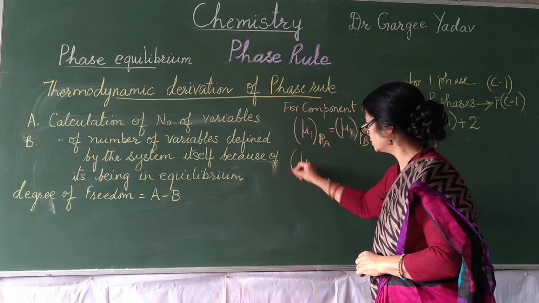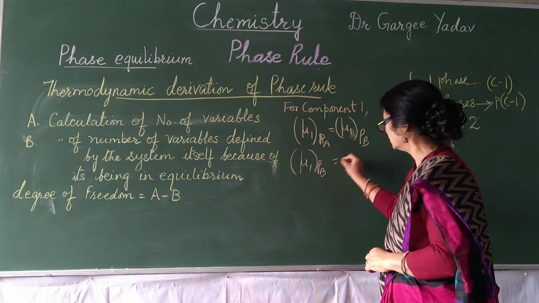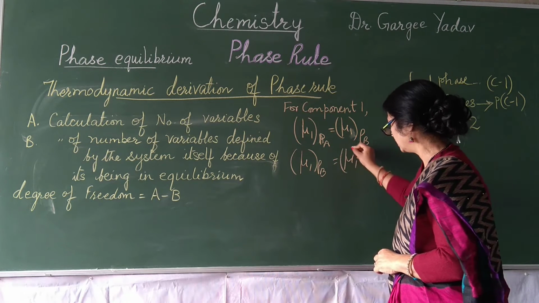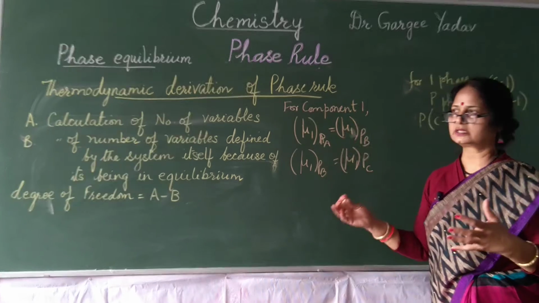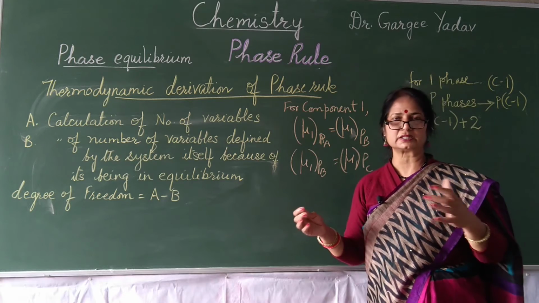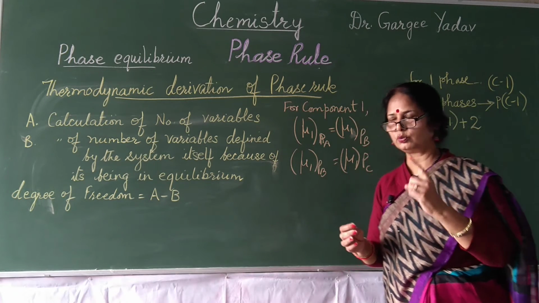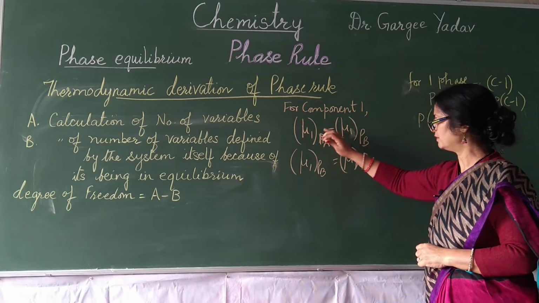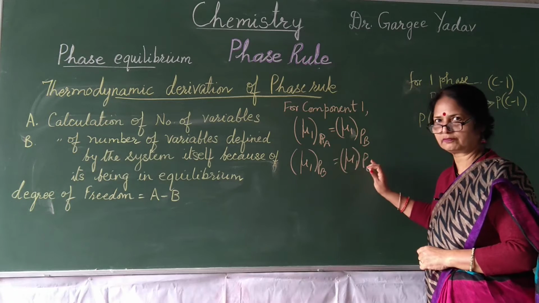Again the chemical potential of component number 1 in phase B will be equal to the chemical potential of component number 1 in phase C. So suppose there are three phases A, B and C, and the chemical potential of component number 1 is mu1. So mu1 in phase A will be equal to mu1 in phase B, and mu1 in phase B will be equal to mu1 in phase C.